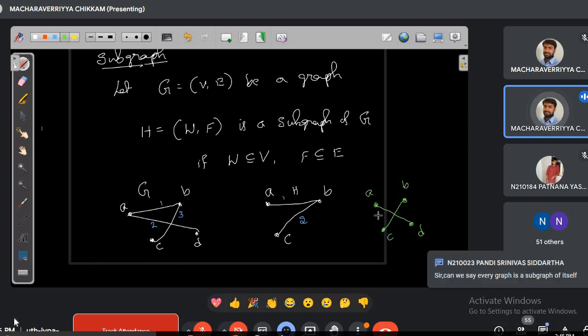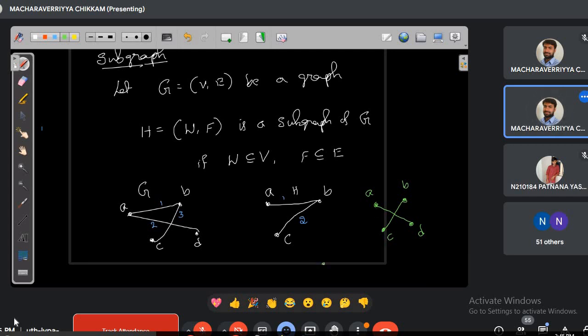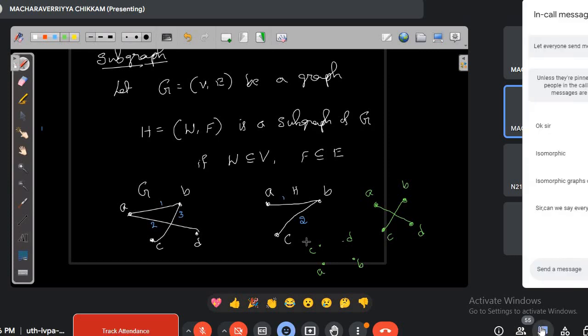Okay, it is not mandatory that we need to write vertices in this way. You can change the positions of the vertices. Let's say you can take A here, you can take B here, and C and D here, like this. But we will assume that the A here is the same as the A there. Okay. So it seems there is some question.